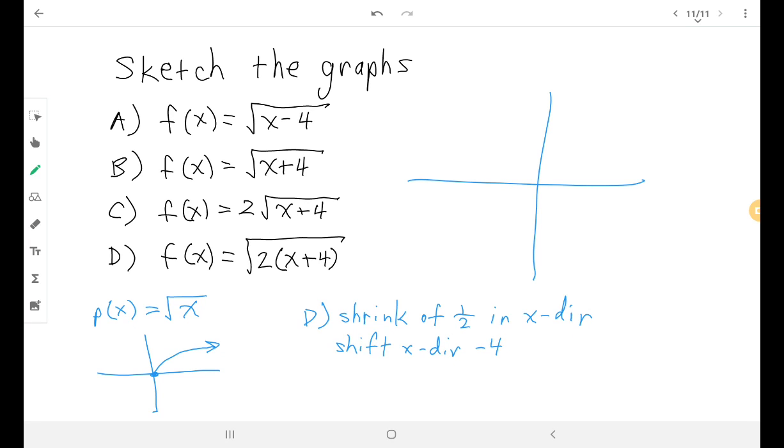So when I'm sketching D, I go -4 in the x direction, and then if I took this and squeezed it down, it would rise higher faster, kind of like that, as compared to the original one, which would do that, right? So I'll give you a moment to look at that.